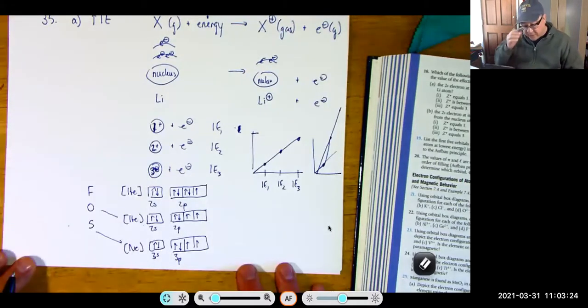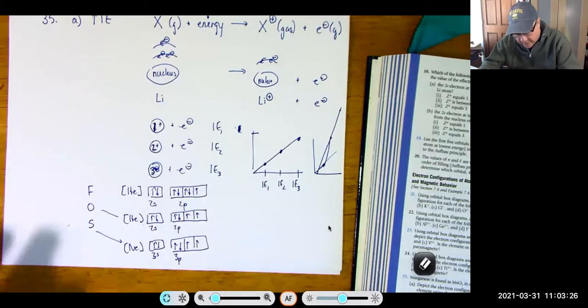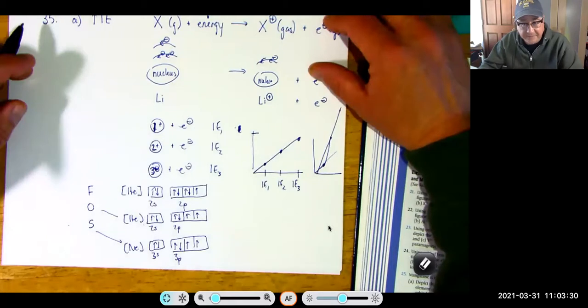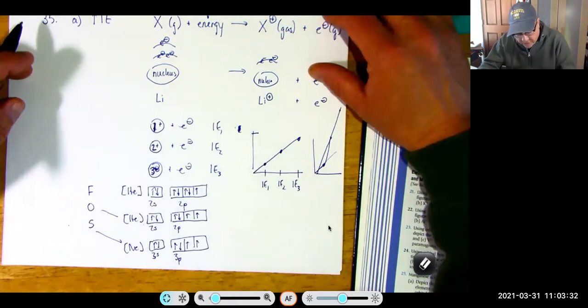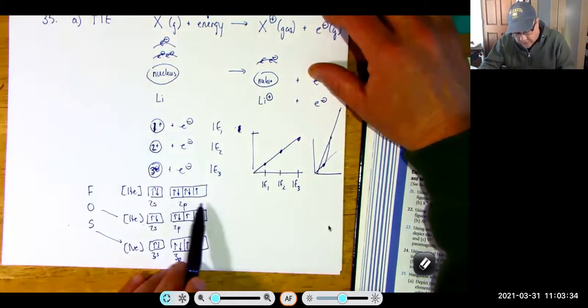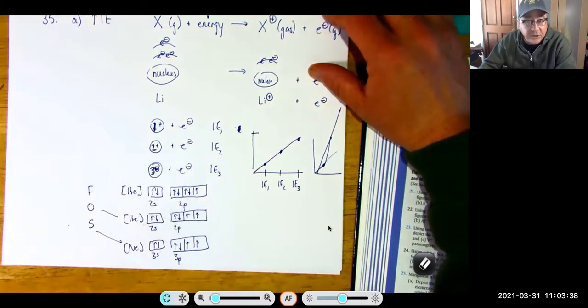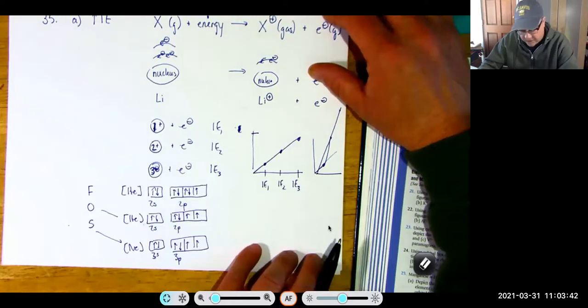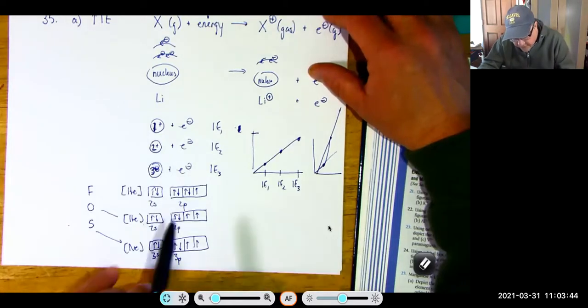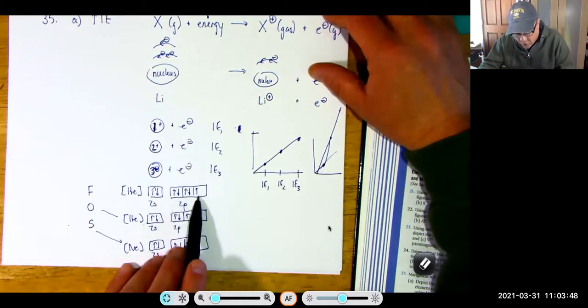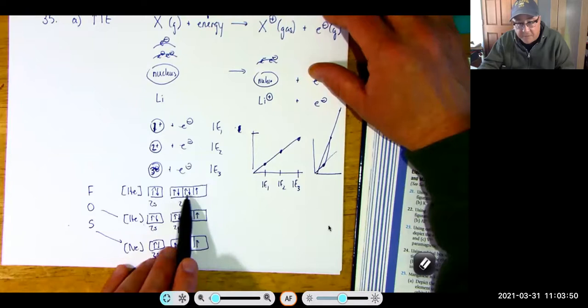Now, the reason I write the orbital box diagram is because I'm going to circle the electron that gets taken away. So here, are we going to take a 2s electron or a 2p electron? The answer is, we're going to take a 2p electron because it is less stable. Now, which one of these 2p electrons are we going to take away? We're going to take away this single one, or we're going to take one of these that's part of the pair?